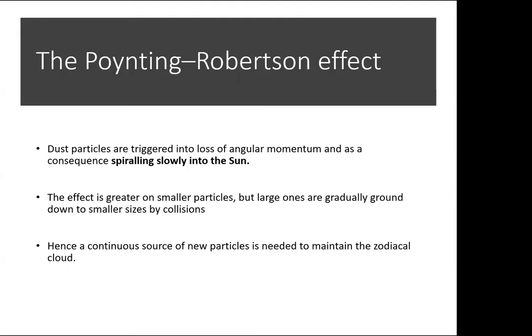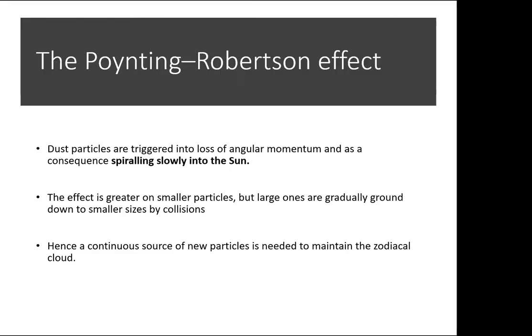Well, there's an effect called the Poynting-Robertson effect, which affects everything, but it particularly affects dust particles by far the most, because there are other effects that are more significant for other sizes of object.